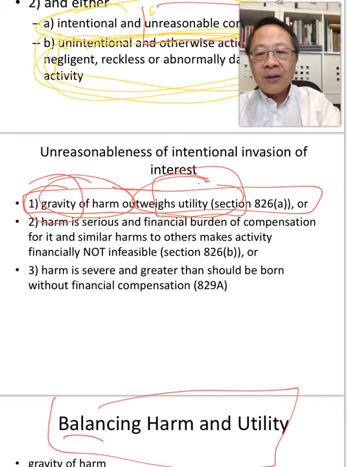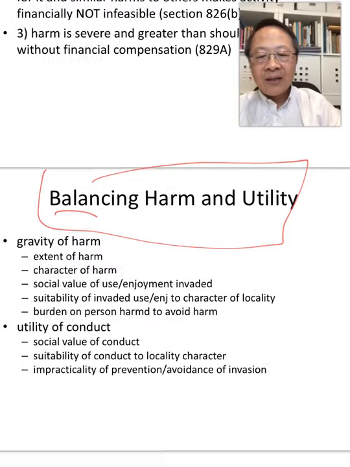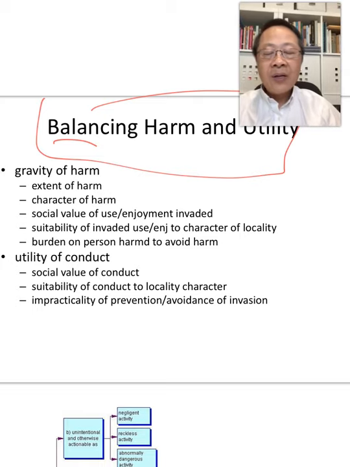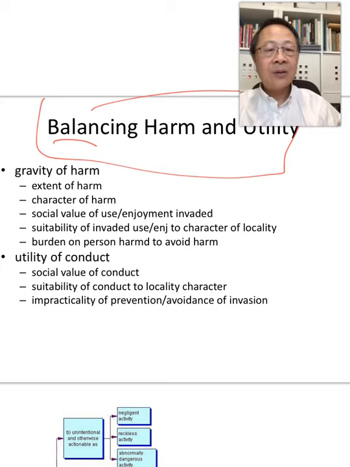How do you determine that balancing? You look at these factors here on this particular slide: the extent of the harm, character, social value. Note here, by the way, that residential use of land is a very highly used, highly valued social use of property, as is, of course, industrial economic uses.